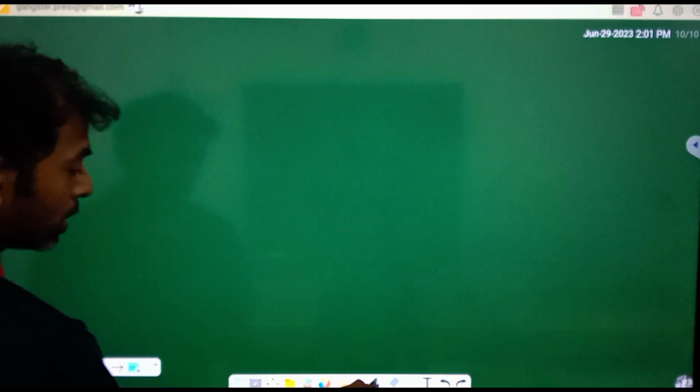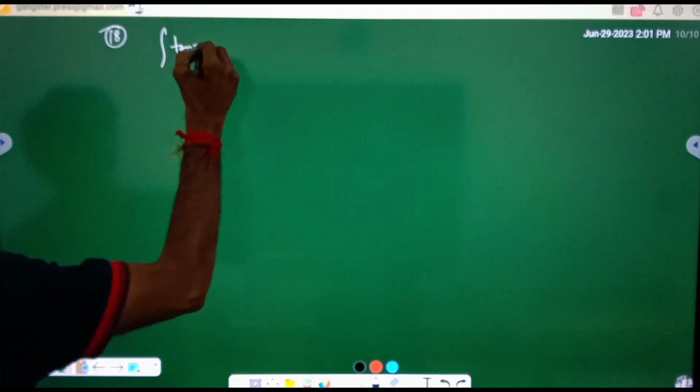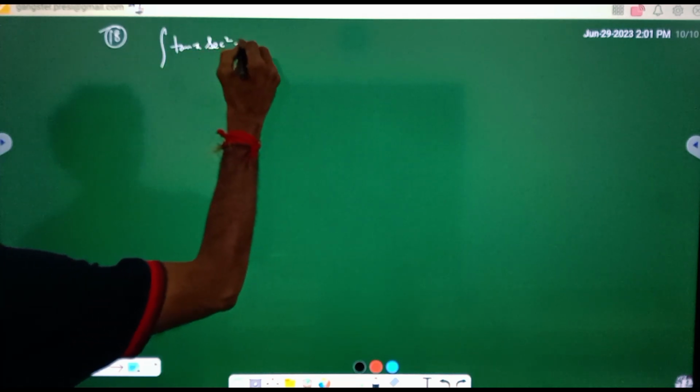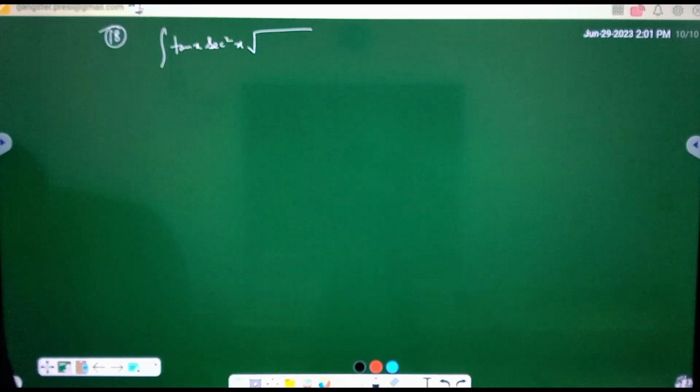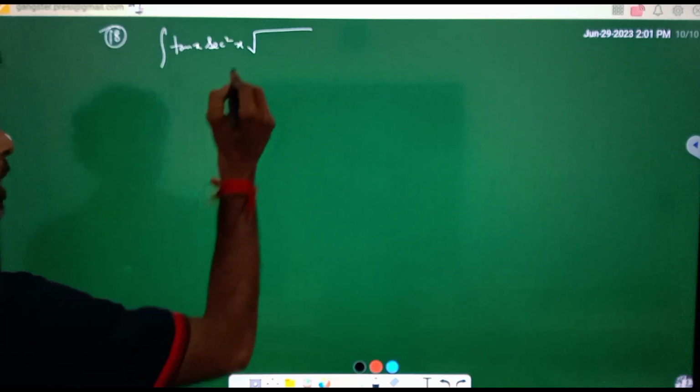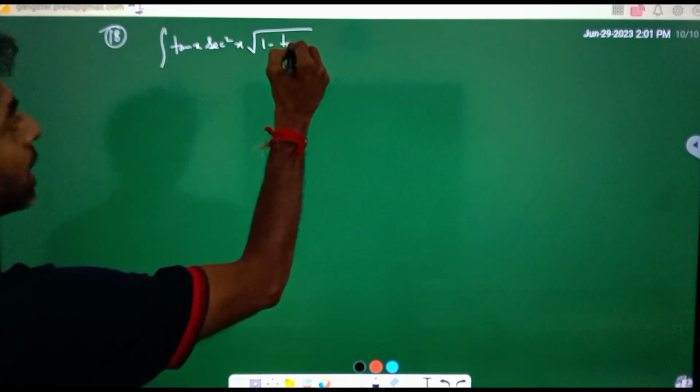The 18th problem is integration of tan x sec square x under root 1 minus tan square x dx.